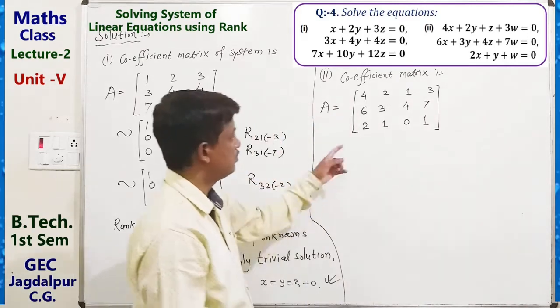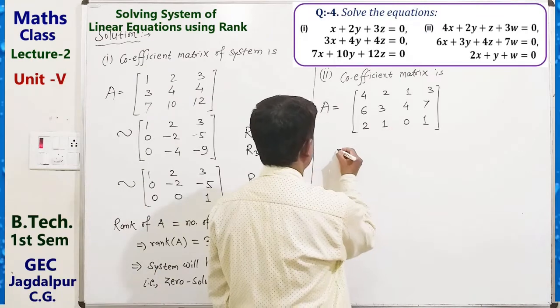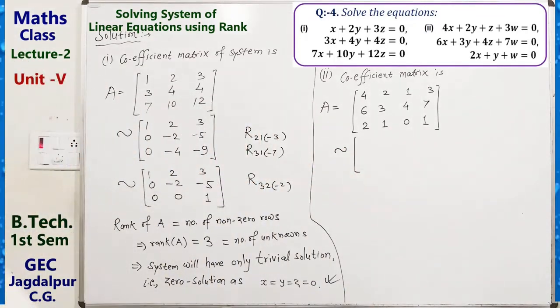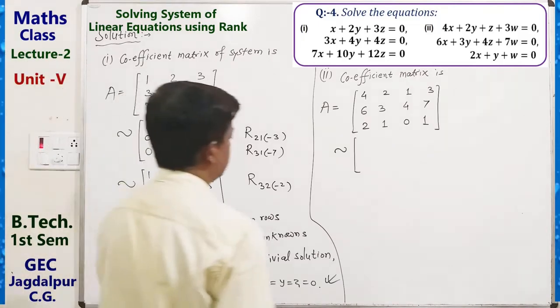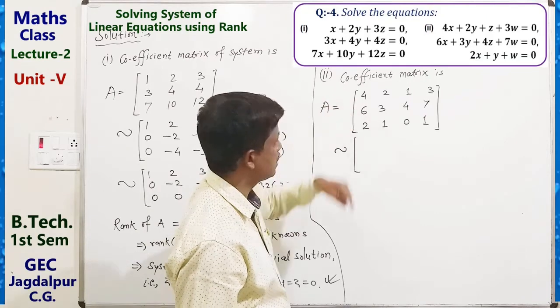Now try to convert it to echelon form or upper triangular form. By this 4, we will convert the entries below it to 0.